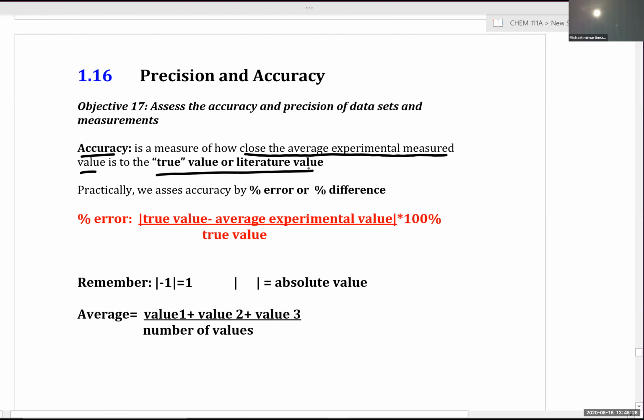So practically, the way that you'll assess accuracy in many labs is percent error or percent difference. So percent error is the true value minus your average experimental value over your true value. Keeping in mind that percent error is absolute, and as a result, percent error is always going to be a positive number.